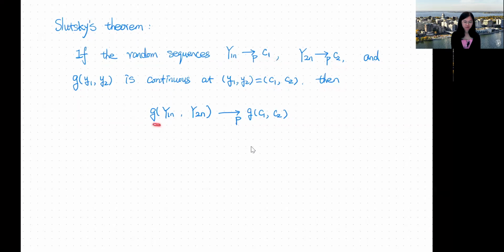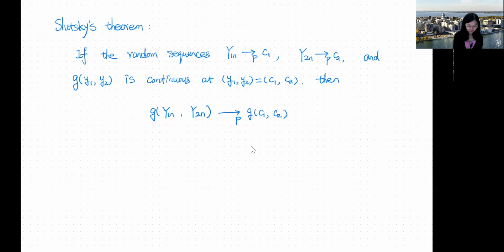Then the transformation of these two random variables, g of Y1n and Y2n, converges in probability to g of C1, C2. So what that means is convergence in probability is preserved by continuous transformation.